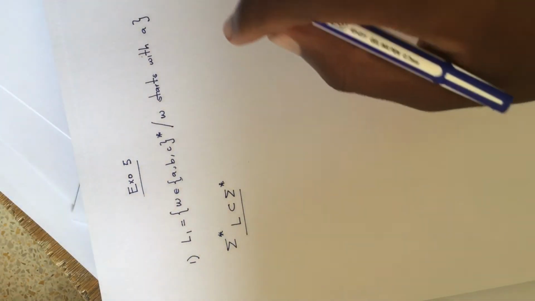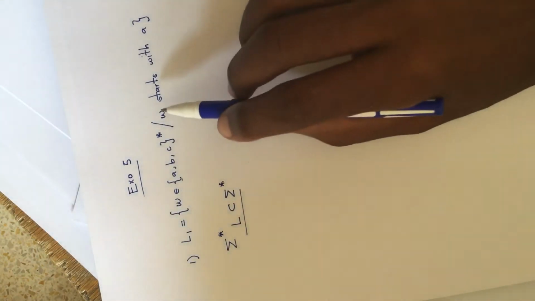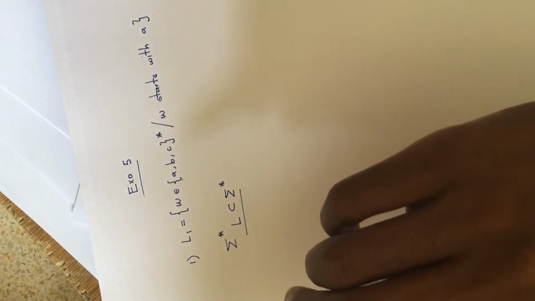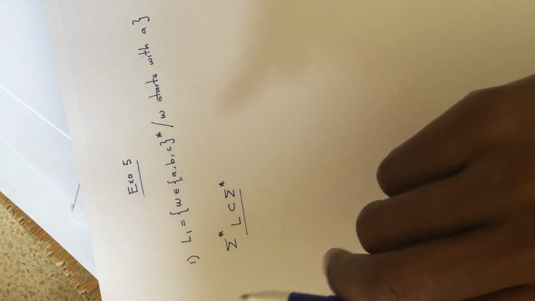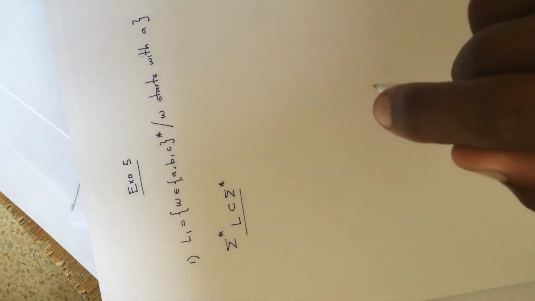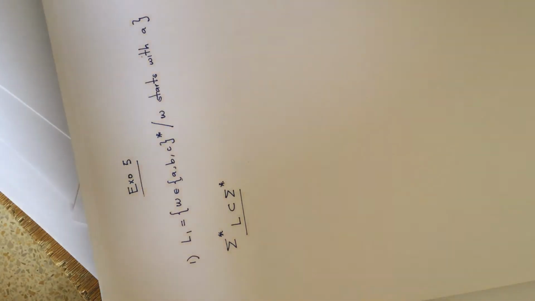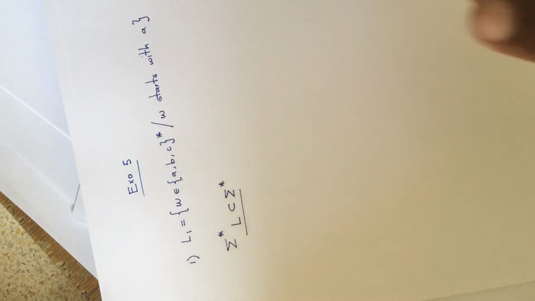Now what is interesting here is that if I have a language of all those strings that start with A, what is the simplest string in that language? The simplest string in that language is A, because if a string starts with A, then a string that has only A is correct.